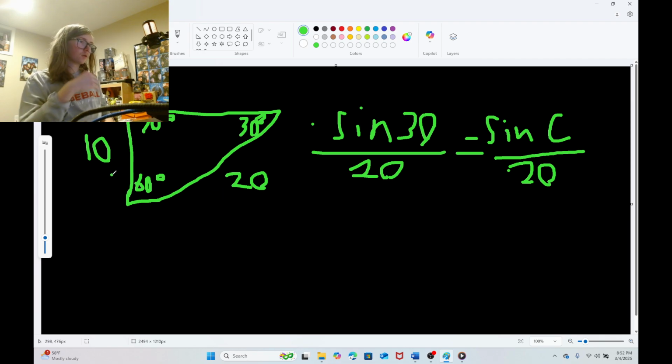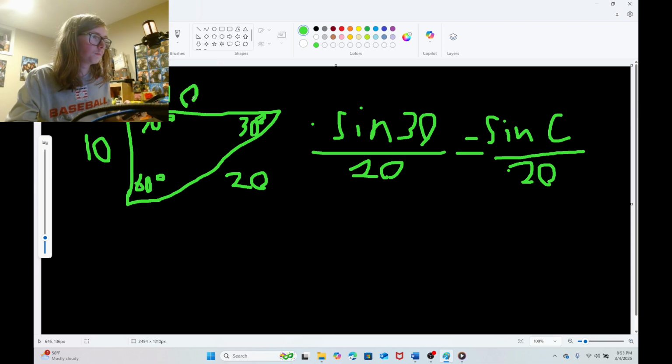And the long leg is the short leg times the square root of 3, so 10 times the square root of 3. But let me make sure that doesn't simplify any further. It doesn't look like it. So 10 times the square root of 3 right there.